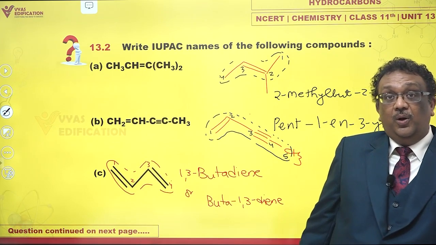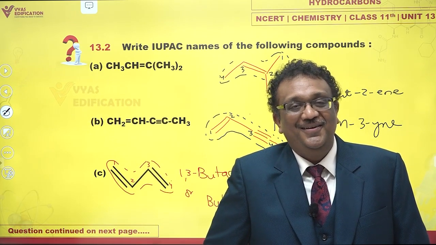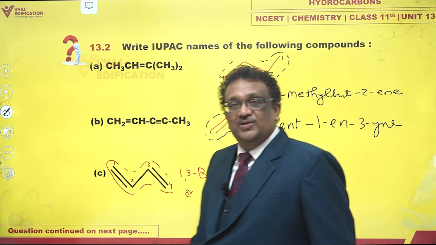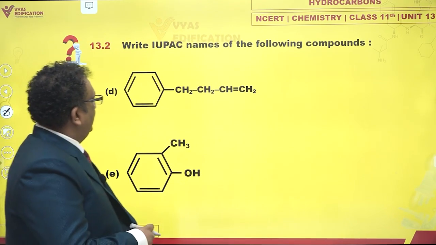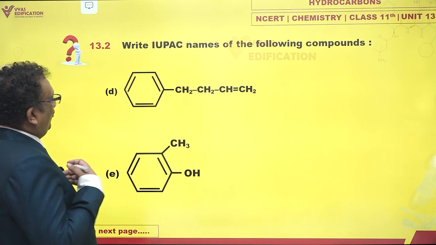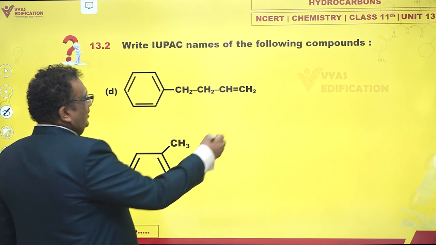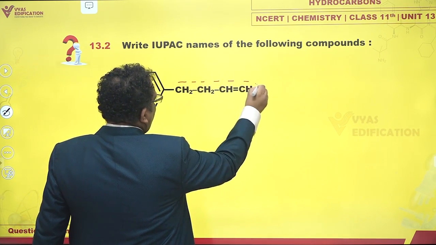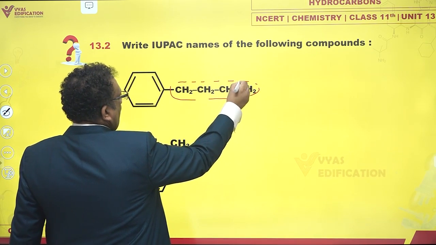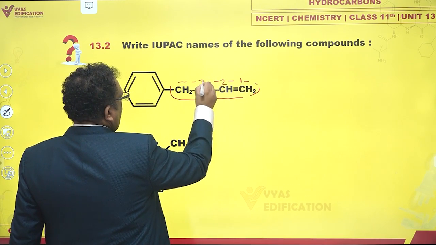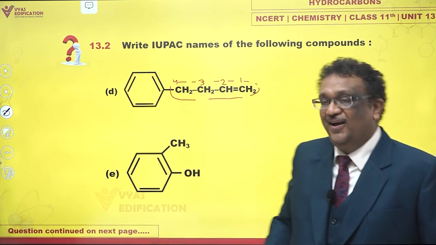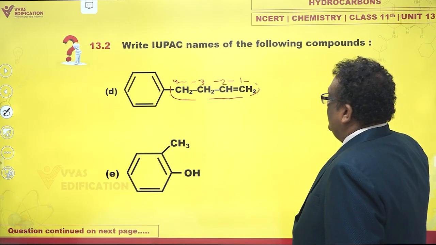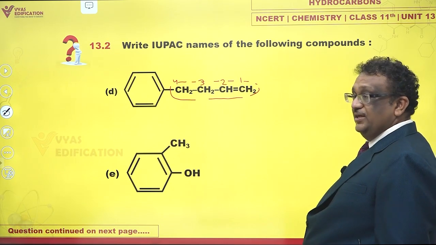Either of them is of course the correct name. Then D. Oh my God, what should I do? Well, the carbon chain can well be chosen. 1, 2, 3, 4. And then I would say this is butene, yes.